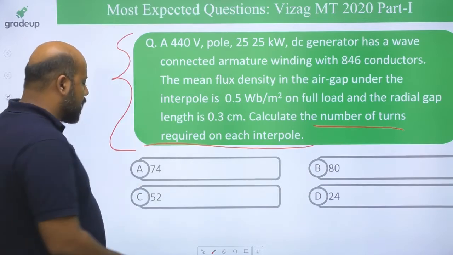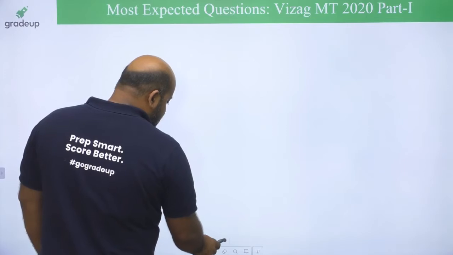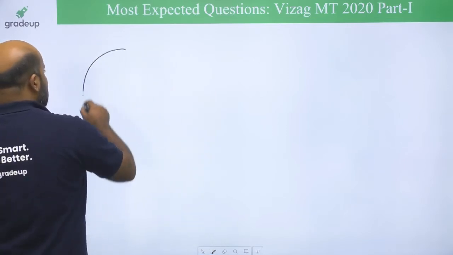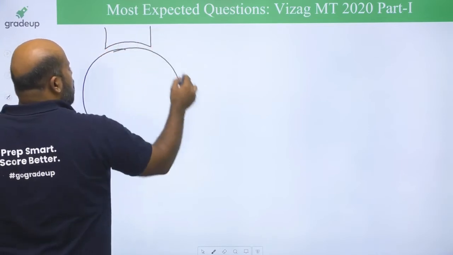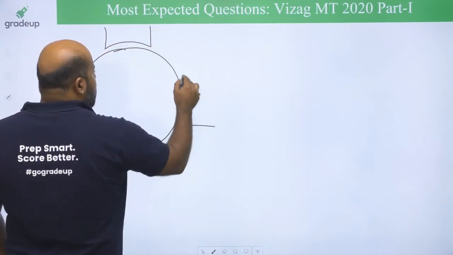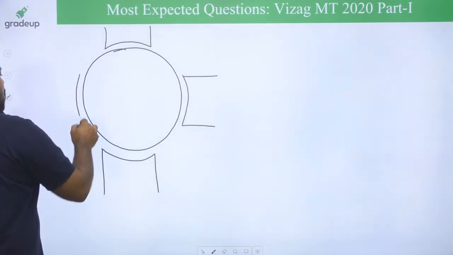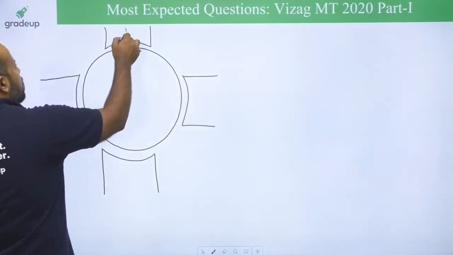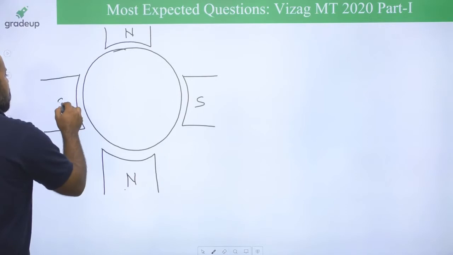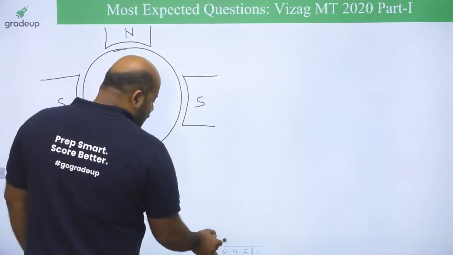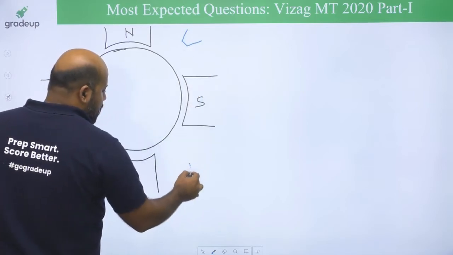Now you have to first understand some basic idea about the interpoles. Suppose this is your machine. These are the main field poles. Suppose this is north, this is south, this is again north, this is south. And suppose you are having small poles like this.